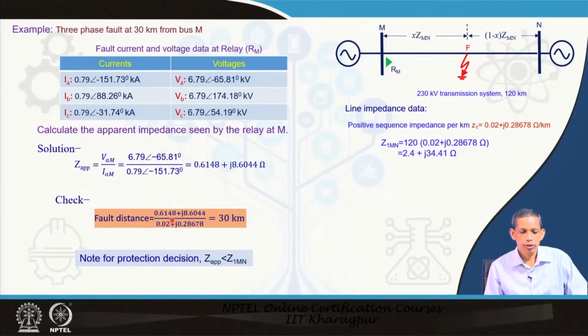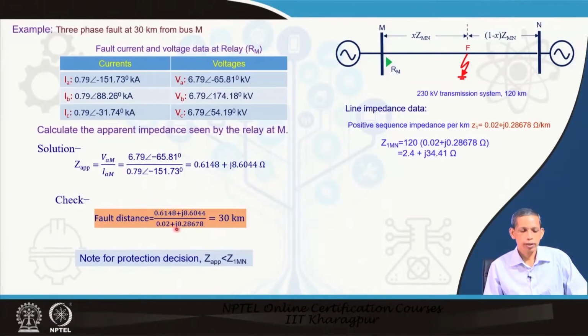So, this impedance divided by the per kilometer impedance Z1, 0.02 plus j 0.2868, gives us a 30 kilometer length to the fault point, which is correct because we have simulated the case for a 30 kilometer distance from the relay bus.